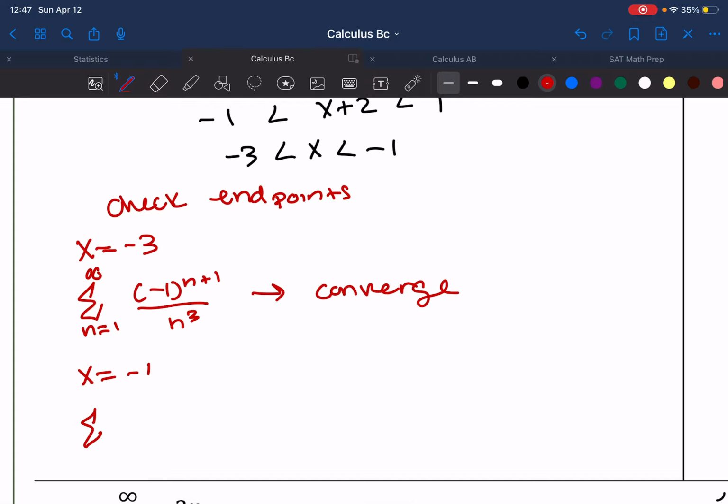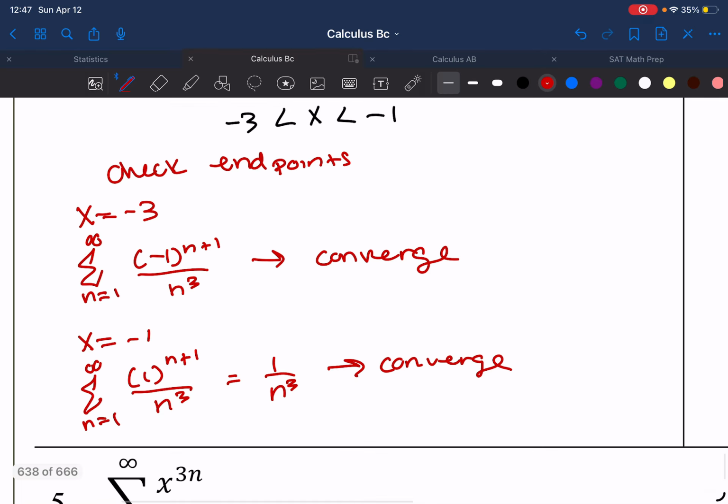So it's the summation of n equals 1 to infinity of 1 to the power of n plus 1 over n cubed, which reduces to 1 over n cubed. This is a p series where p is greater than 1, so this is going to converge. Since both of them converge, both endpoints of my interval are going to be included.